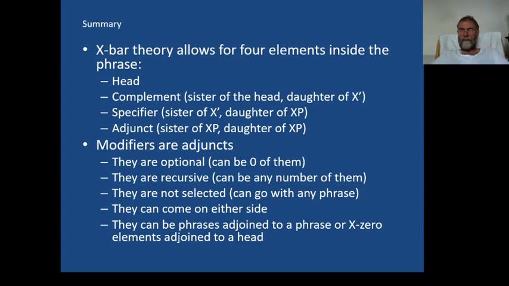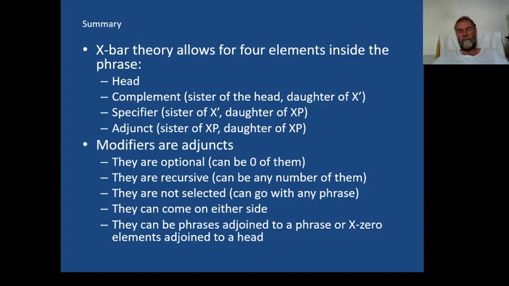They're not selected, which means that they can go along with any phrase. You can add an adjunct to anything, and that will be fine. There's no restrictive relationship between particular heads and particular adjuncts. They come either side of the head, as I've said, depending on the adjunct itself.